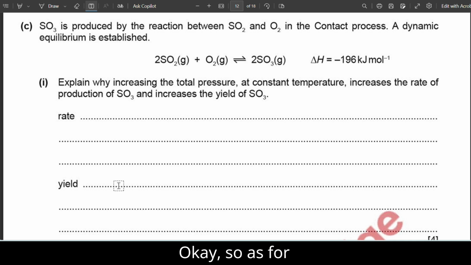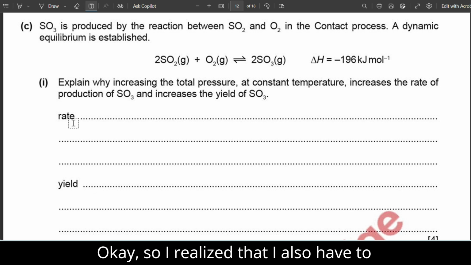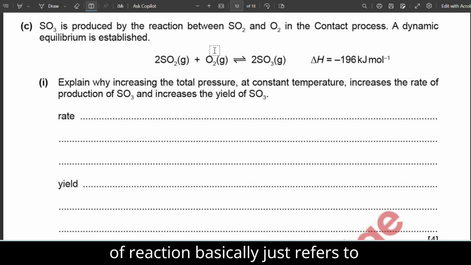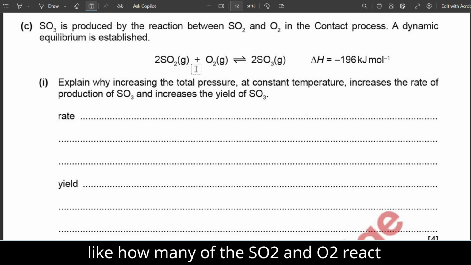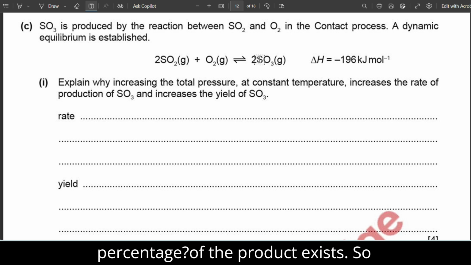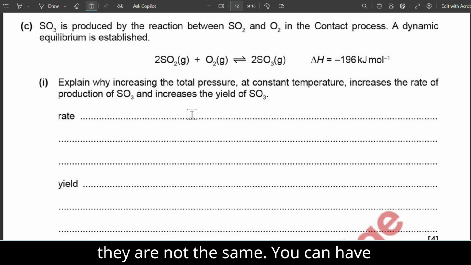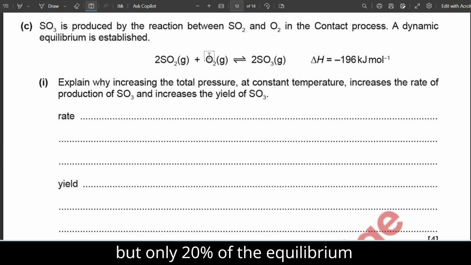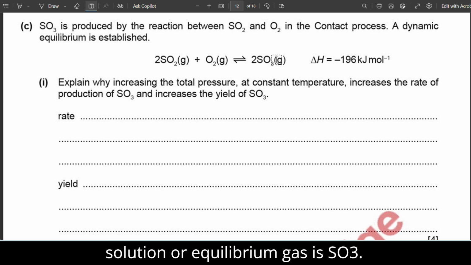Okay, so as for rate and yield, I realized that I also have to explain what rate and yield are. Rate of reaction basically refers to how many of the SO2 and O2 react per second. Yield refers to what percentage of the product exists. So they are not the same. You can have SO2 and O2 reacting at a very high rate, but only 20% of the equilibrium gas is SO3.